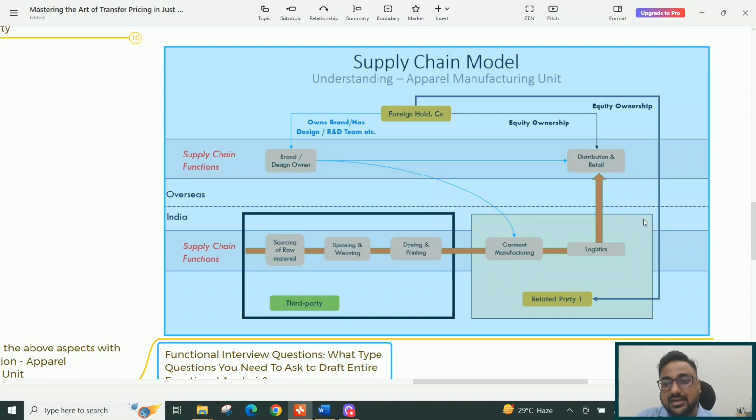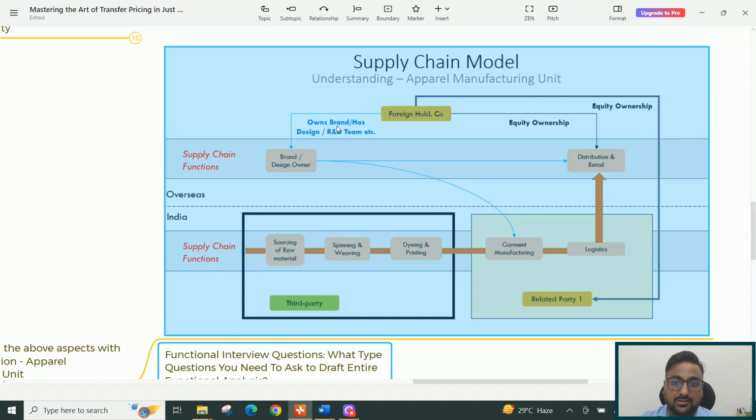Now if there is an entity which is doing retail of those products, taking on wholesale from the Indian entity and then retailing, obviously the margin would be comparatively less as compared to the manufacturing entity. And for brand royalty, as they have developed the designs and have ownership of those designs, obviously the brand royalty would be agreed at arm's length price between the foreign company and the Indian party.